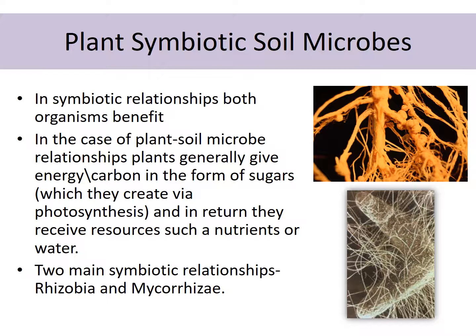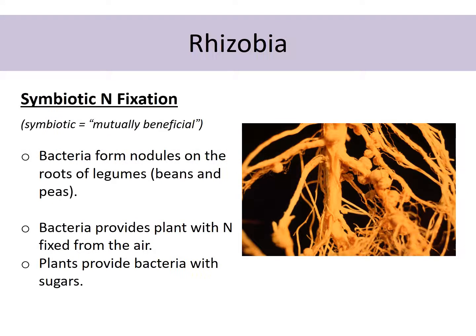And in return, they receive resources from the microbes that would be otherwise difficult for them to get. So it could be increased water uptake, increased nutrient uptake, or etc. The two main types of microbes which form symbiotic relationships are rhizobia and mycorrhizae, although there are others, and we're learning more about this all the time.